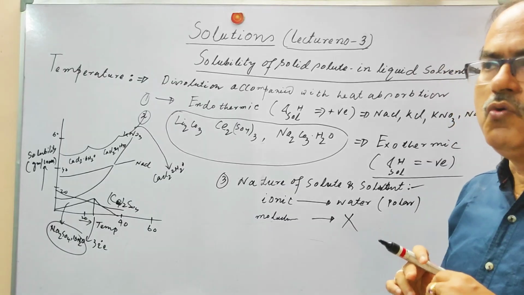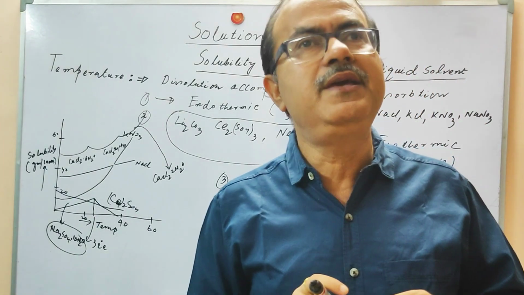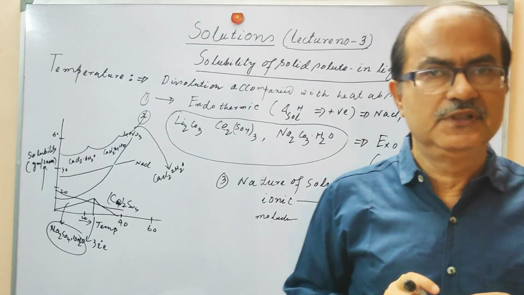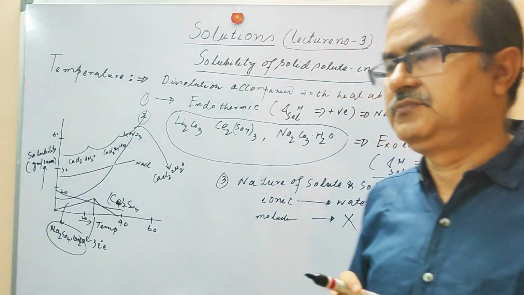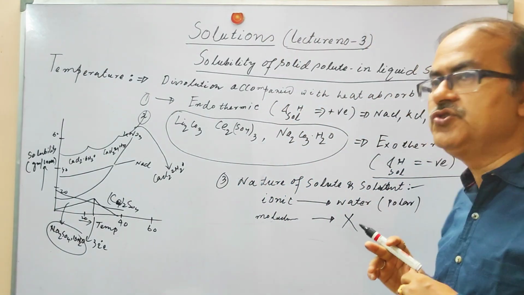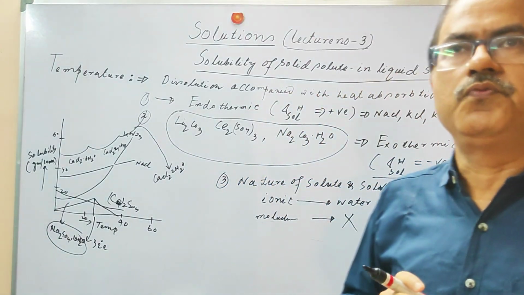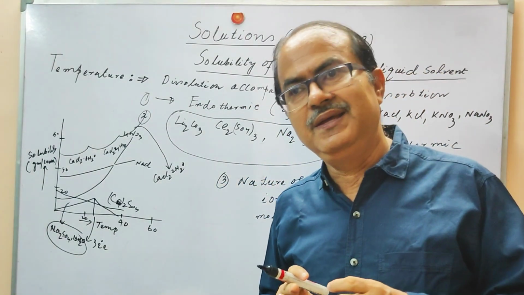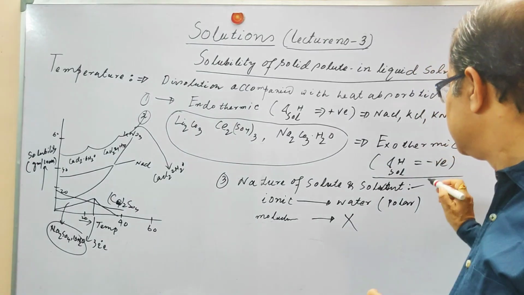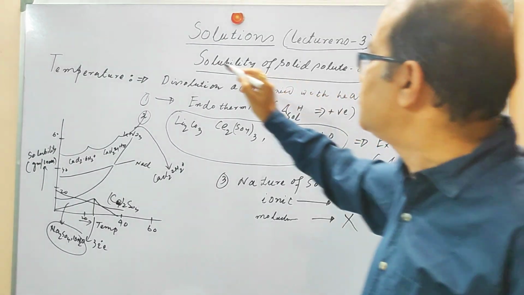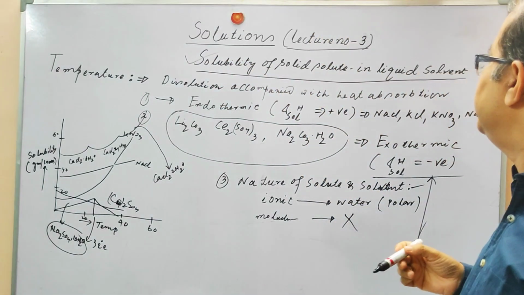But one thing: glucose is a molecular solid, so how does it dissolve in water? It is because of hydrogen bonding. So we understand the solubility of a solid solute in a liquid solvent.